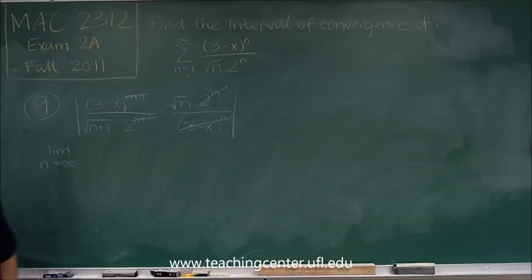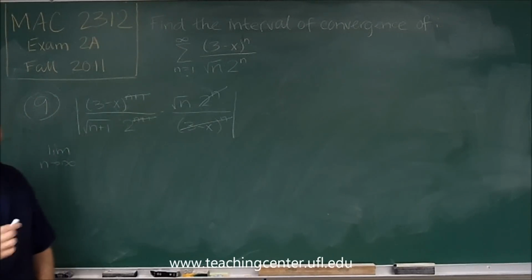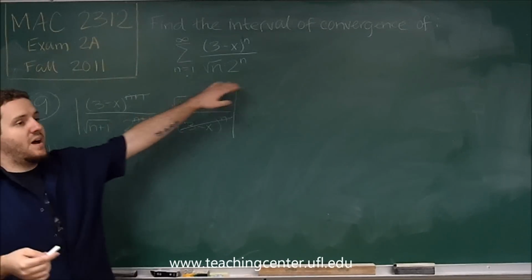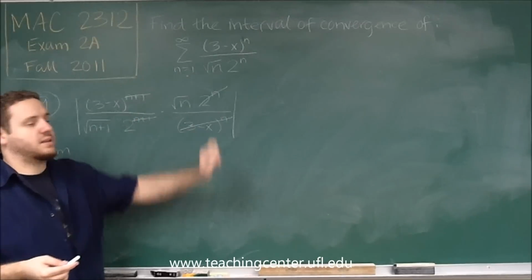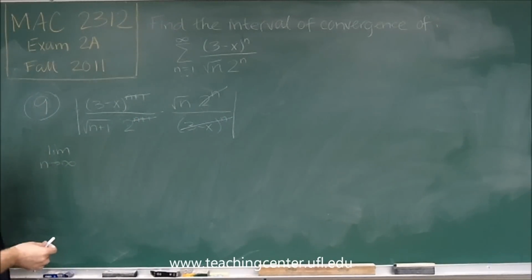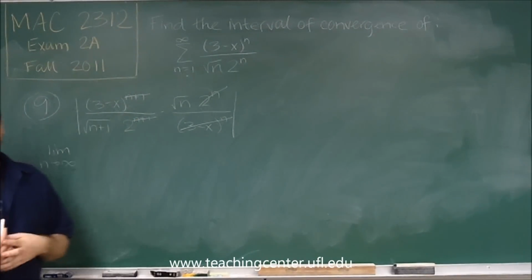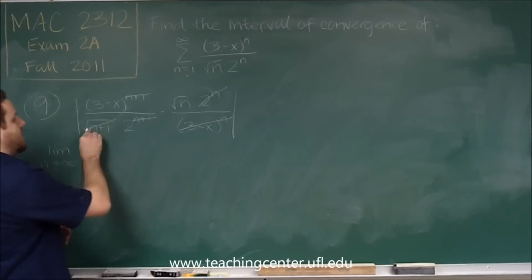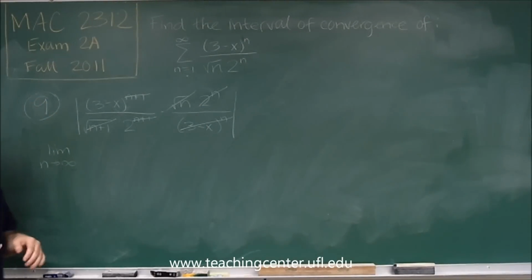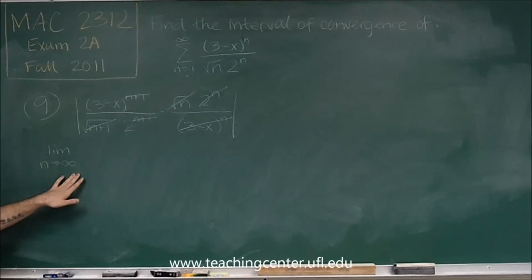Now, like I brought up in one of the earlier problems, when you're doing the ratio test and you have something that's not an exponential or factorial, in this case like the radical n, as n goes to infinity, radical n and radical n plus 1 are the same thing. That ratio, they're essentially going to cancel out again because you're going n to infinity.